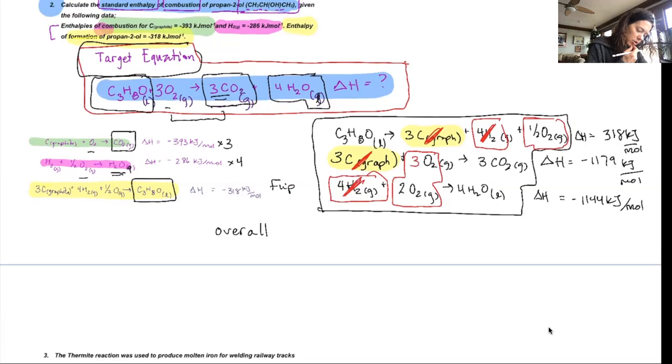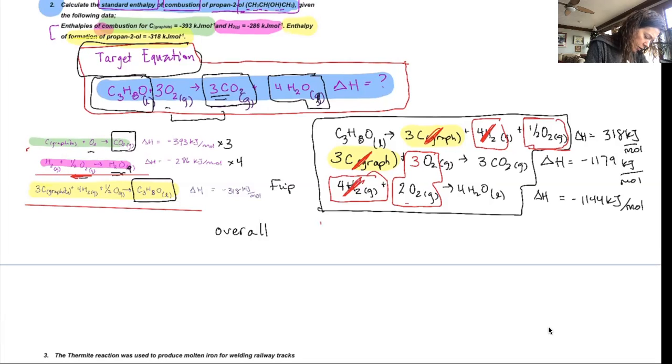Something is wrong with my oxygens. We'll get to it in a minute. I need to have 3. So this graphite here has a half, and that's there. This water here, which was multiplied by 4, has 1. That will be 2. That's here. Okay, let's just keep going. I've got 4 waters here.